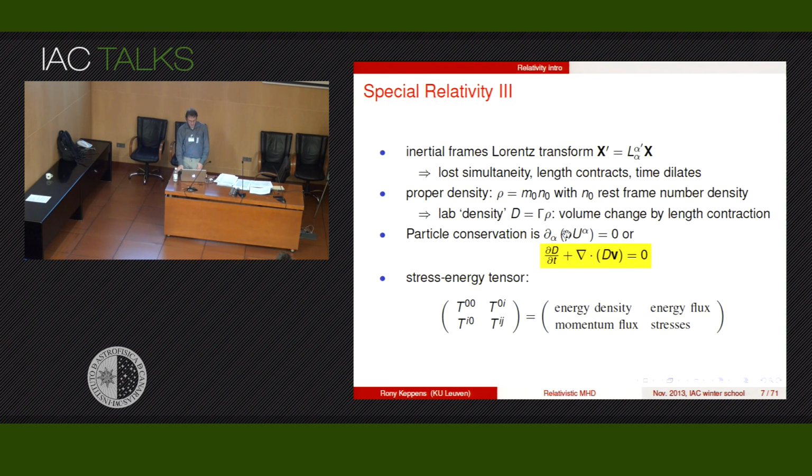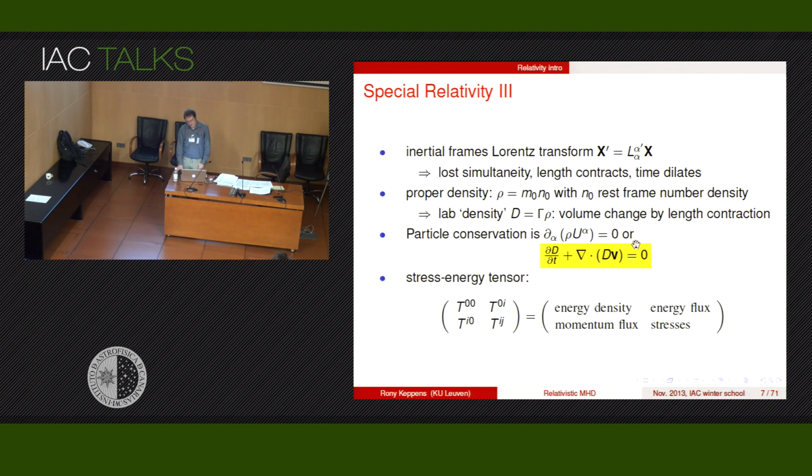And particle conservation can be expressed, in sort of the most proper notation for relativity, by taking the derivative with respect to all the components, so the divergence of this 4-vector equal to 0. But if I insist on writing this in a time plus space form, then I get, for this lab density, it's actually not really the density because there's also a Lorentz factor part in this mass thing, but okay.